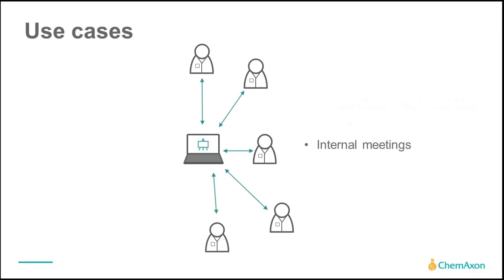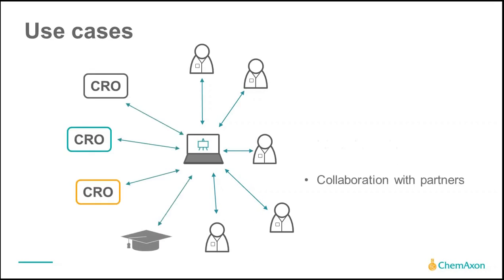But then at some stage, they can invite their colleagues to share the discussion. These can be internal colleagues in different locations, and like you have seen before and we'll see later again, they can be working on the same molecules and share their ideas with each other. But the collaborators can also be external, so it can be CRO partners or academic collaborators.